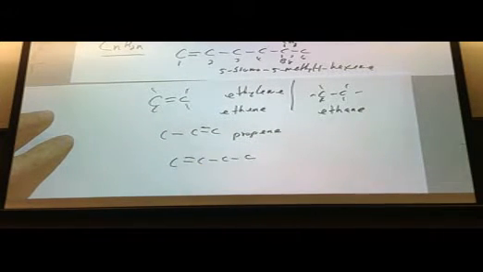You could have a double bond here, or you could have a double bond here. So you can have 1-butene, or 2-butene. So that's when you start needing numbers. If you have 4 or more carbons, then you can put the double bonds in different locations, get different compounds. That's when you need to start worrying about numbers.